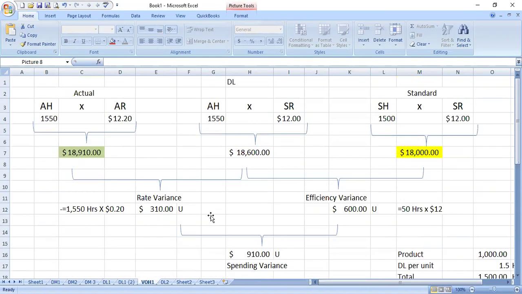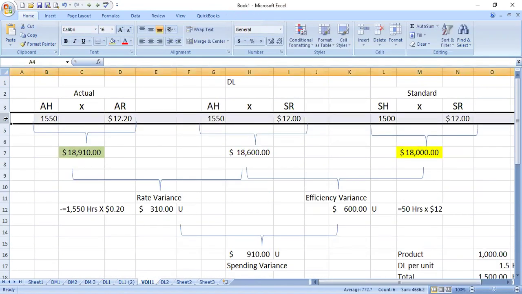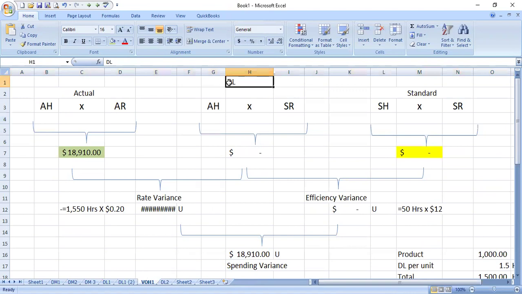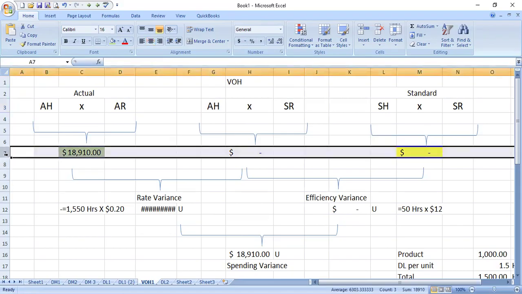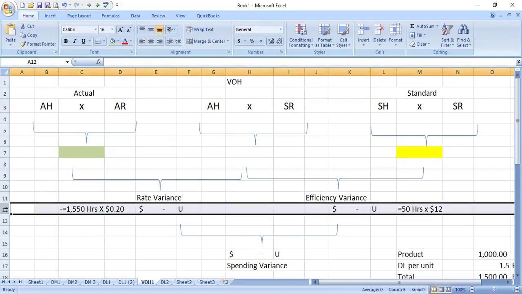The good thing is that we're going to use the same abbreviations as direct labor. So the variance is also going to be actual hours, actual rate, variable overhead rate, standard hours, standard variable overhead rate, and in the middle we're going to have actual hours, standard rate. And we're going to start working on our calculations.